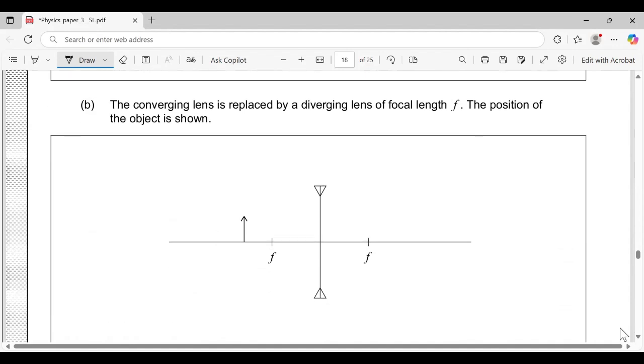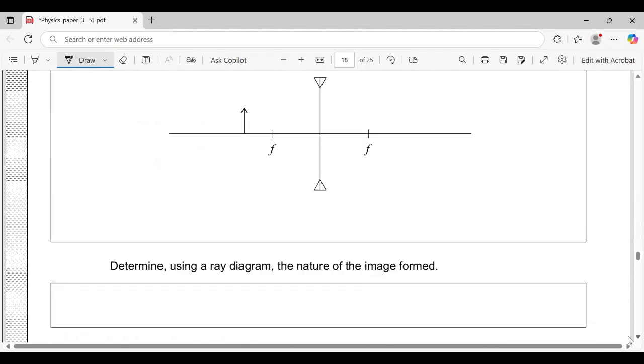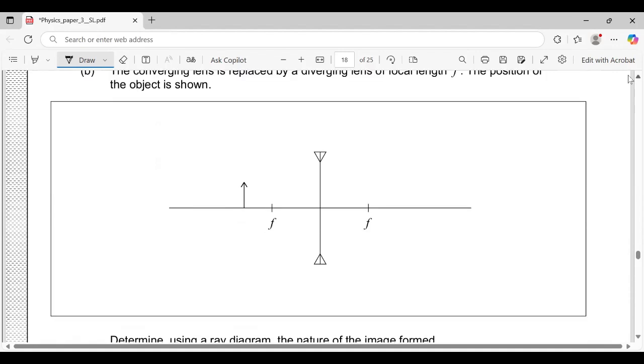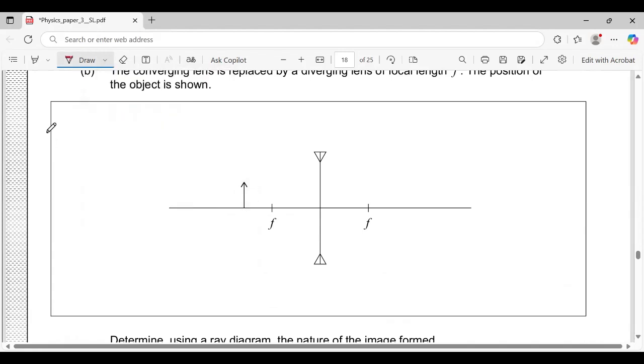The converging lens is replaced by a diverging lens of focal length f. The position of the object is shown on this diagram. Determine using a ray diagram the nature of the image formed. Okay, we are going to sketch first, and I would like to use a different color for this one.